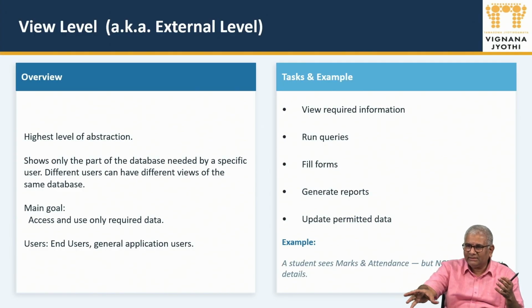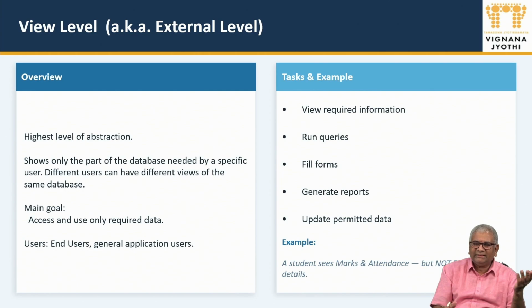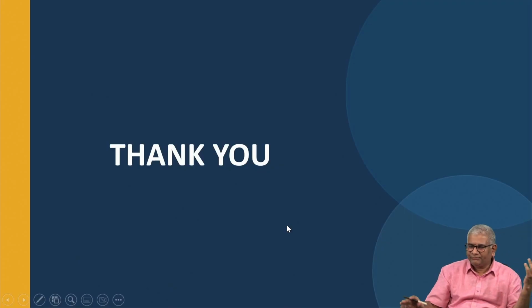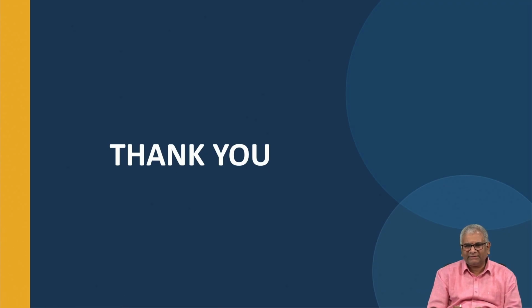The commands go to the database and are carried out there. A student sees marks and attendance in EduPrime, but not faculty salary, because he or she is restricted. The marks and attendance are not actually on EduPrime; they are in the database. That's pretty much about the views of this database.